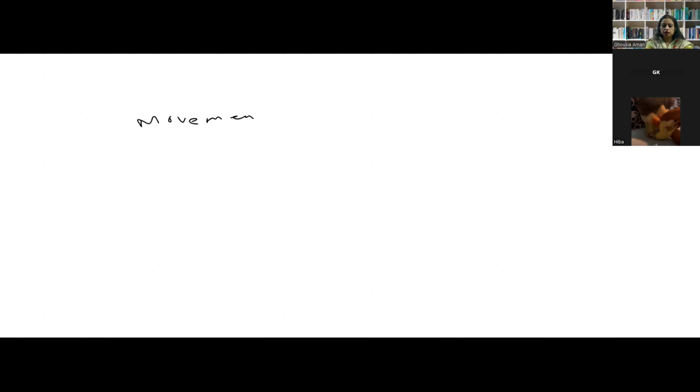Movement of the molecules. Can you see my whiteboard? Yes. Movement of the molecules in and out of the cells.